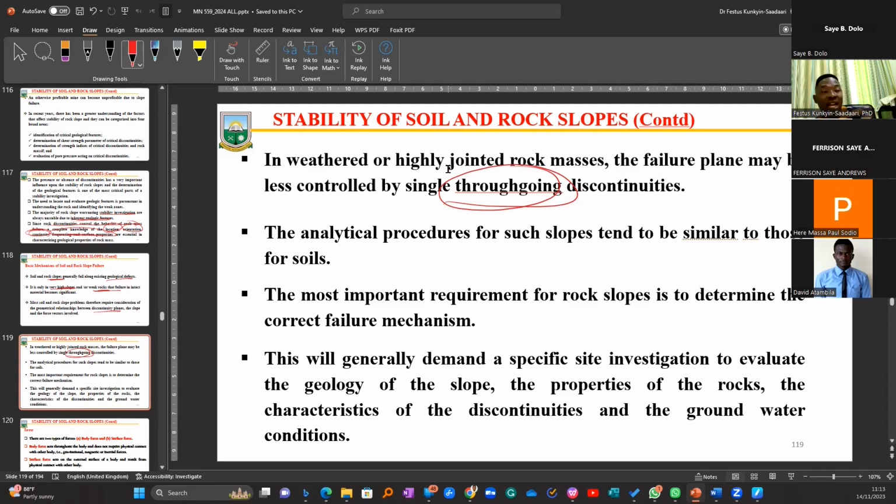This will generally demand a specific site investigation to evaluate the geology of the slope, the properties and characteristics of the discontinuities, and the groundwater conditions. These are things we need to carefully understand before the various steps we undertake in order to characterize these failure mechanisms very well and then make way for the remedies.